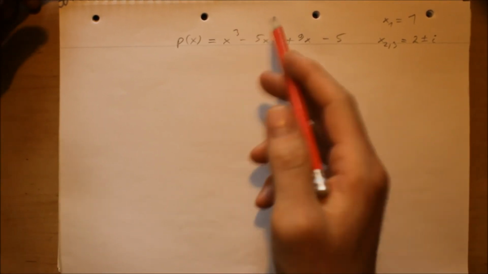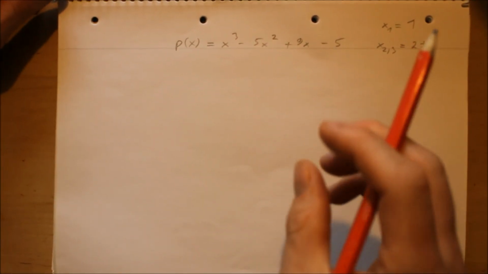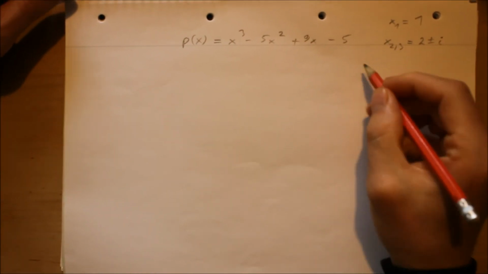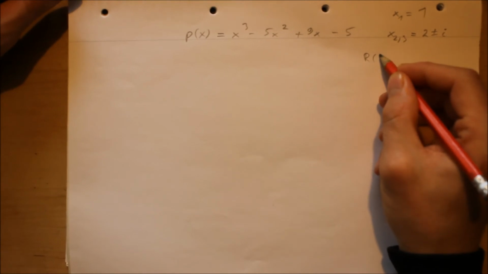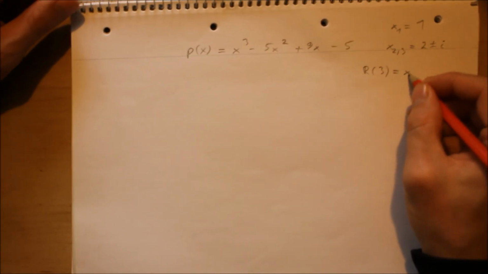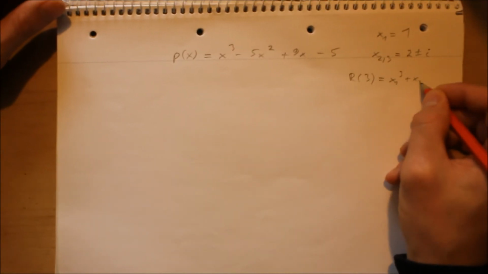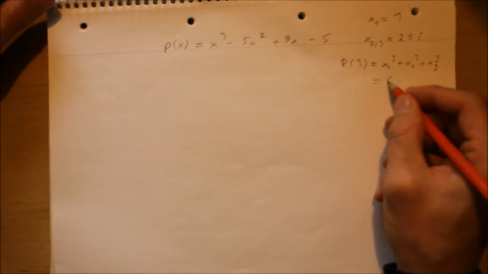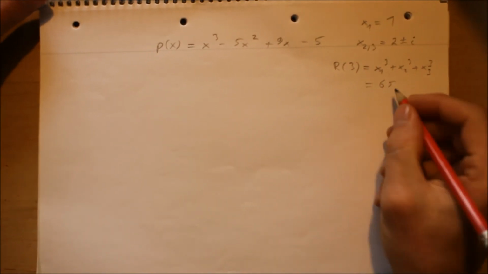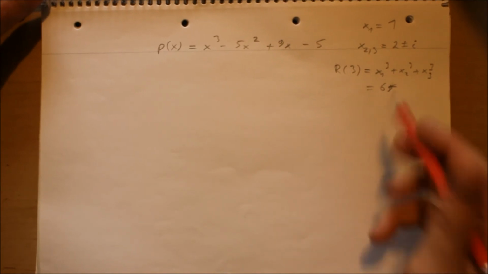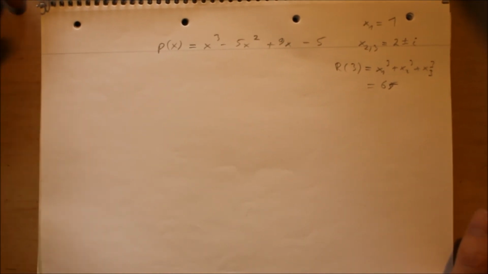But for a cubic polynomial, in most cases they look really complicated, and we want to find R3. If you do that with these roots, so the sum of the cubes of the roots, we will get 65. And we calculate this sum with the polynomial long division. I just want to show you.